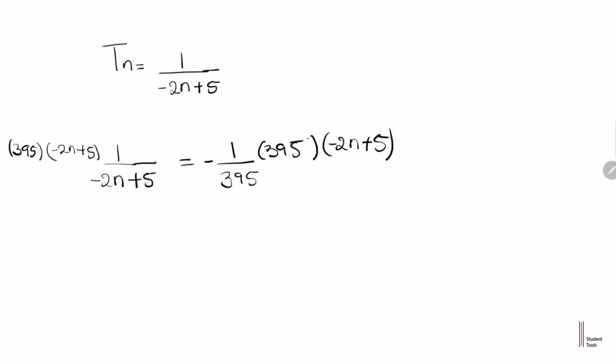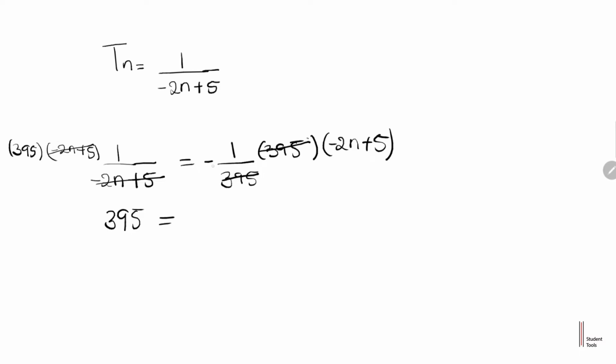So this will cancel this, and this will cancel this, such that we'll have 395 multiplied by a 1. So that's going to be 395 equal to a minus 1 multiplied by a minus 2n plus 5.